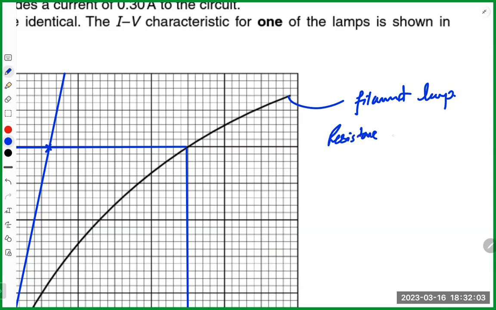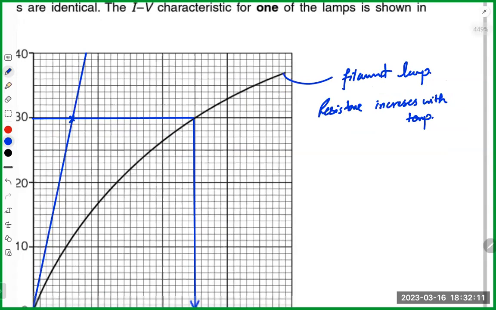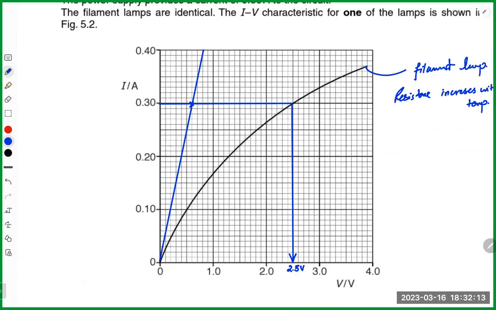Resistance increases with temperature. But the metal wires that we use, their resistance is not increasing. So it should be a straight line passing through point 0.6 and 0.3. Because when there is a potential difference of 0.6, there is a current of 0.3 ampere.